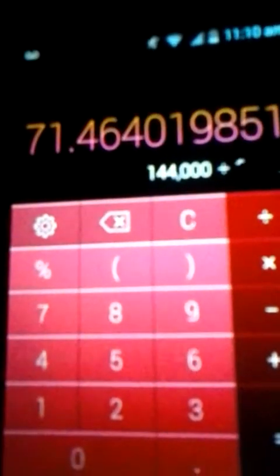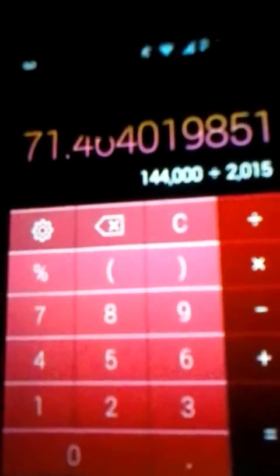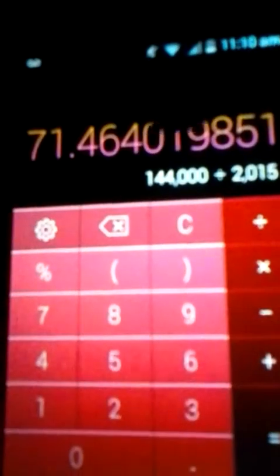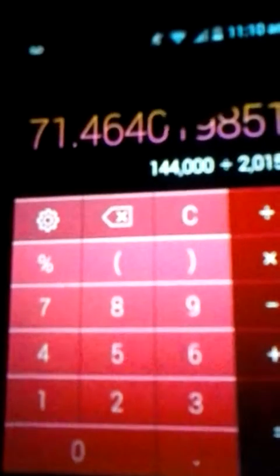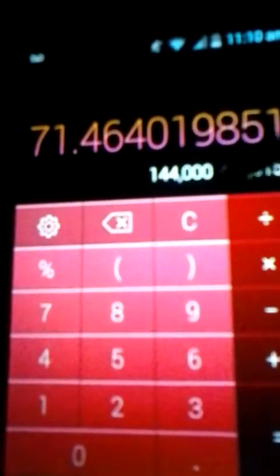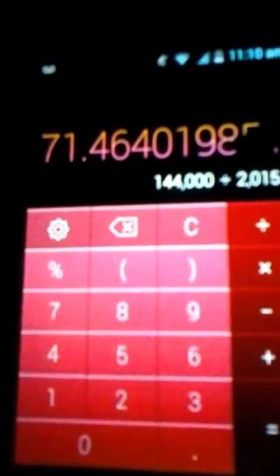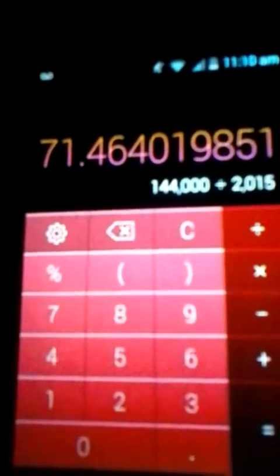And the reverse of that would be 47, which is time. So clearly 144,000 divided by 2015 is connected to time. So here you see the 1, 4, the 4, and the 0. And you can make out the other zeros down here to give you 144,000 connected to the year 2015.